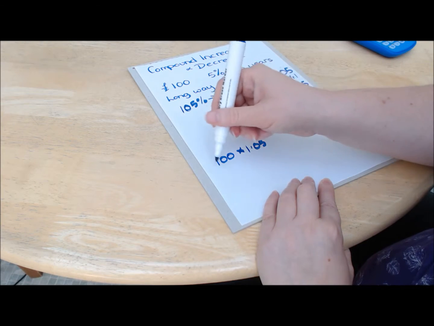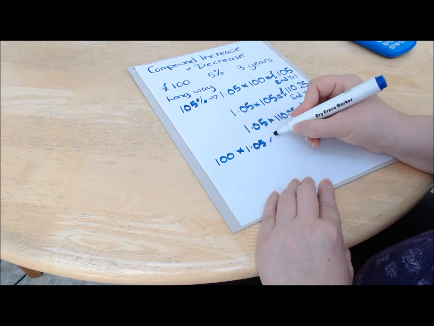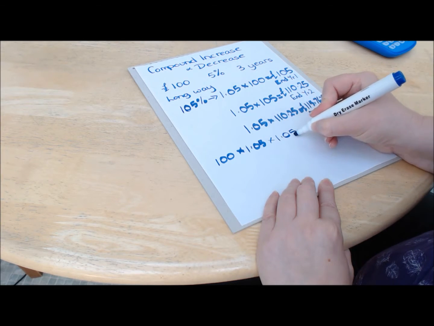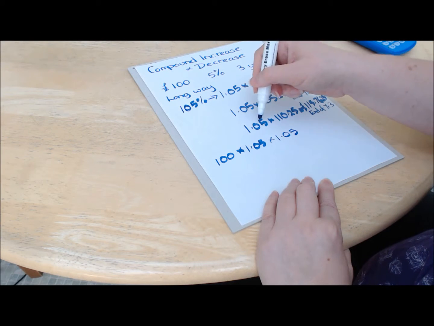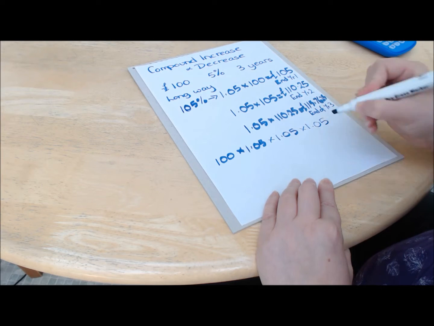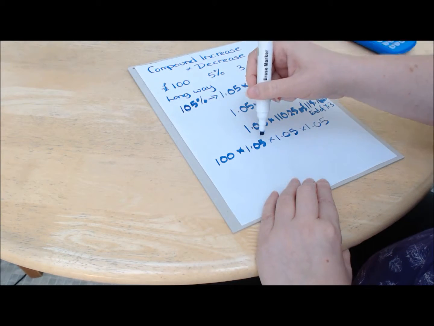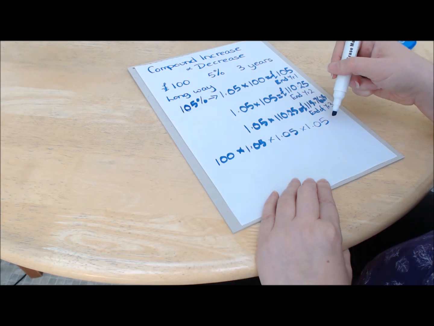Then we took the answer to that and multiplied that by 1.05. Then we took the answer to that and multiplied it by 1.05. Now what you can notice here is that we're repeatedly multiplying by this number.